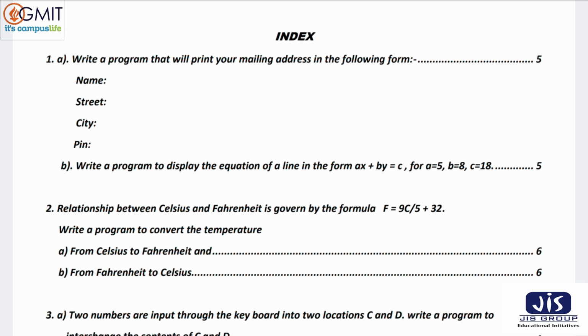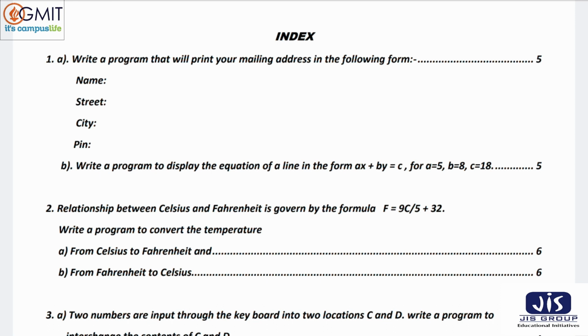Now come to the next part, that is the programming part. Here you can see a total of 16 programs. First one, write a program that will print your mailing address in the following form, that is name, street, city, pin. That's it. It will just print. Easy program, like I have already completed, like printing your name.